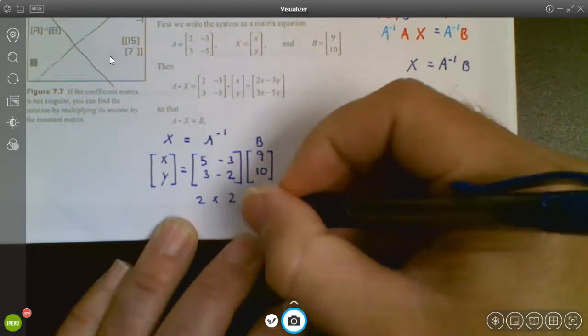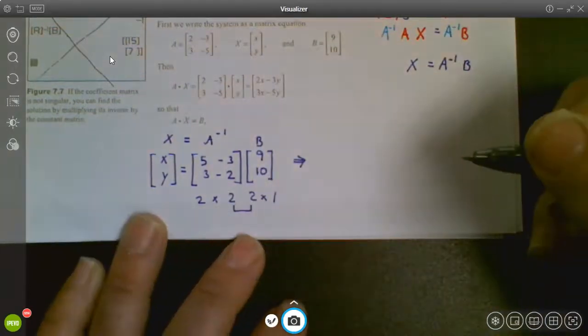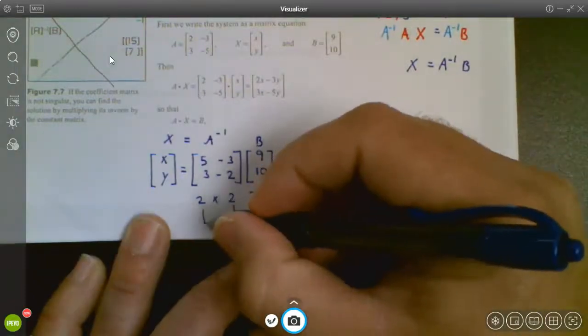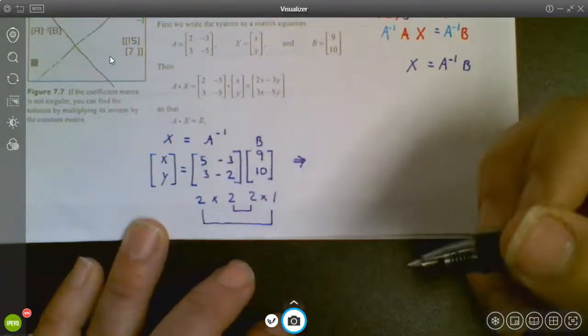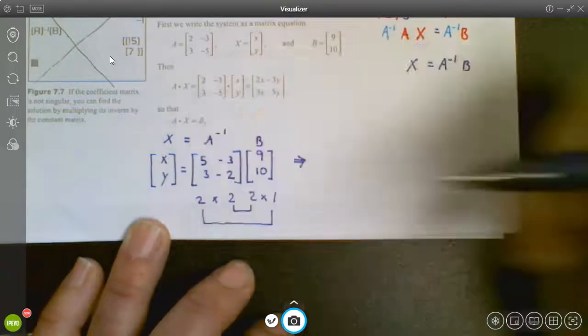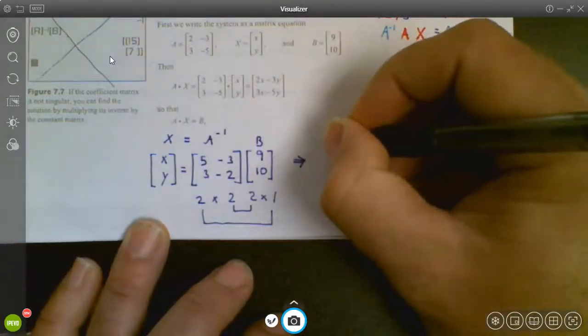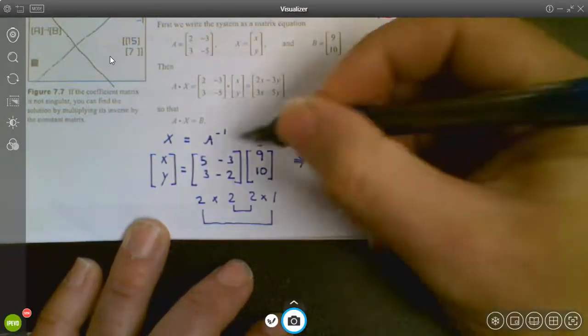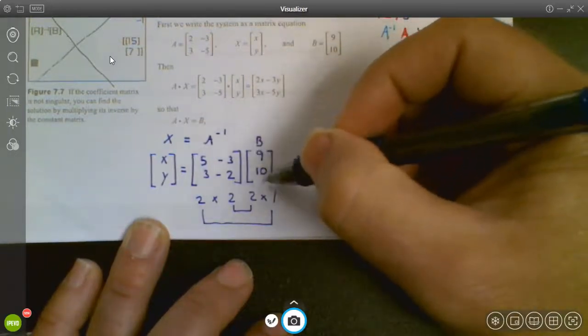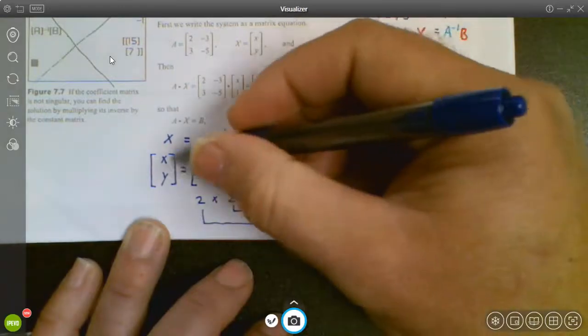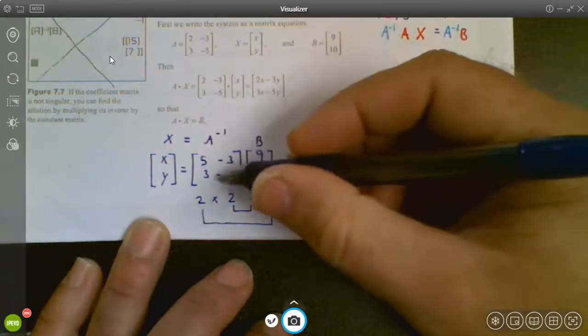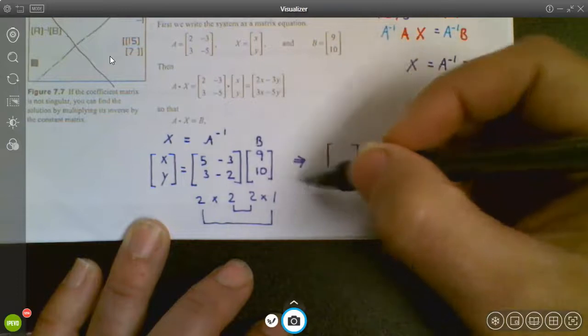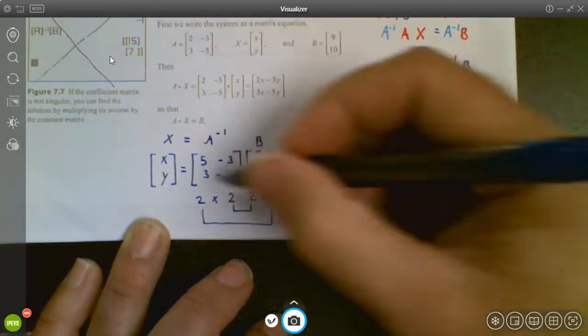Remember, we can do this because those guys match, and the result will be a 2 by 1 matrix. It'll look like this. So if I did that row times that column, that gives me the guy on top, which is my X. If I do the bottom row times this column, it gives me the value on bottom, which is our Y value.